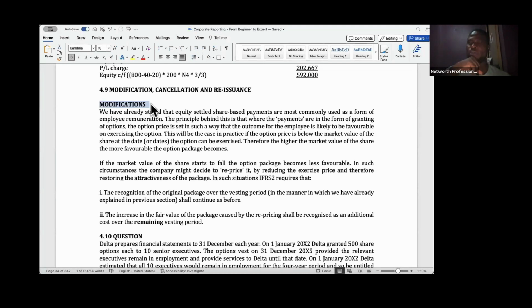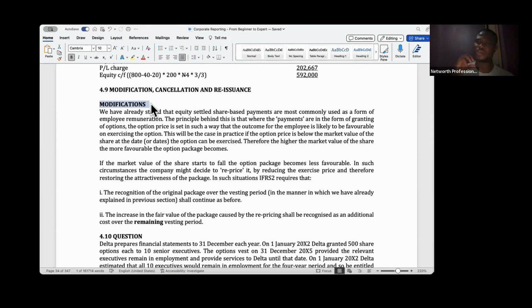An equity settled share-based payment could be modified. And what would trigger this modification? What usually triggers modification is where the equity settled share-based payment becomes unattractive.